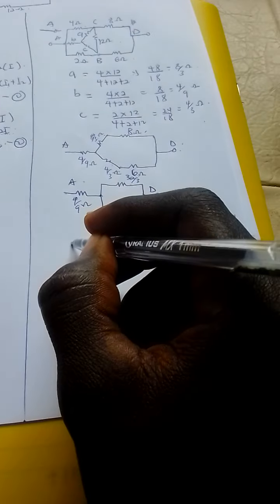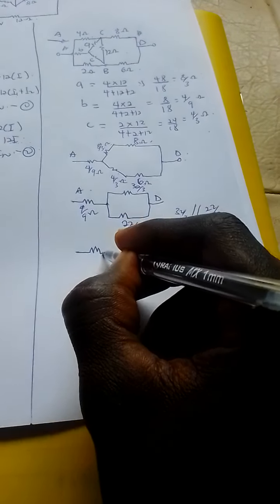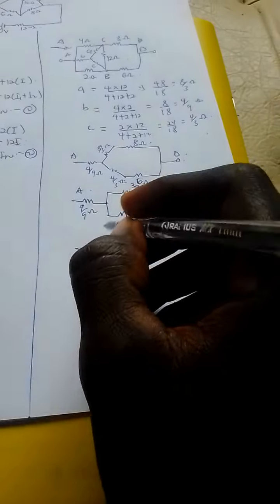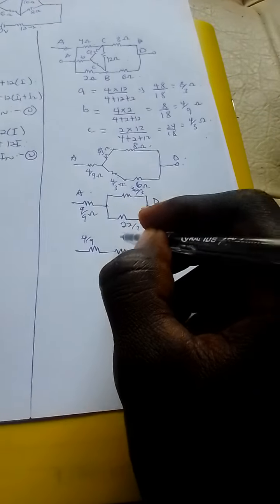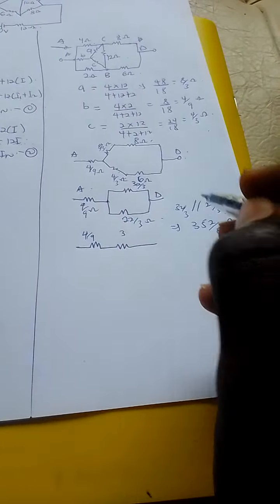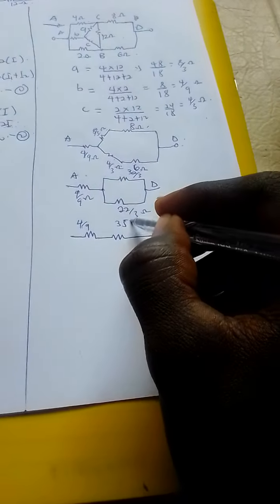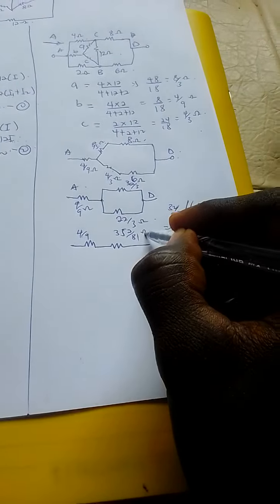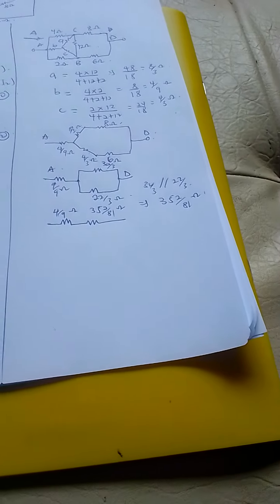So finally our resistance becomes this in series with this, where we have this to be 4 over 9, and here will be 352 over 81 ohms. So we simply add them to get our total resistance.